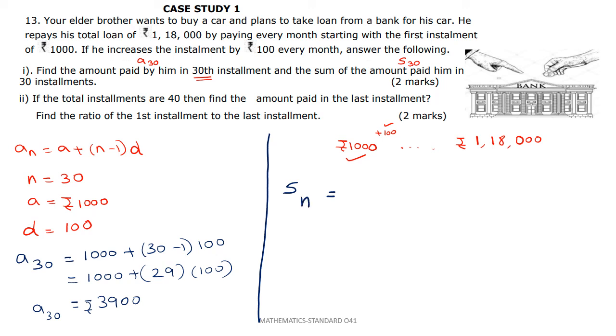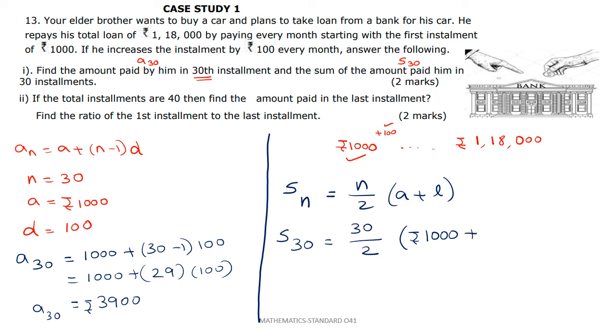Sn formula is n by 2 times a plus l. So here we want S30. So 30 by 2, a is the first installment, which is 1,000, plus l is, what is that?